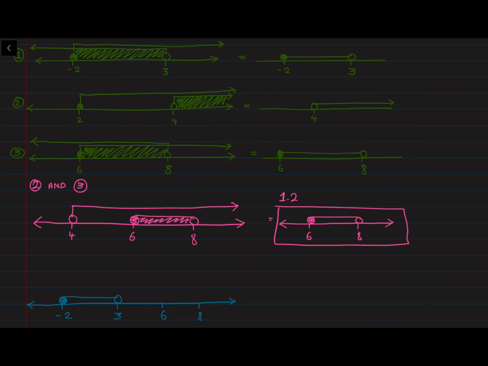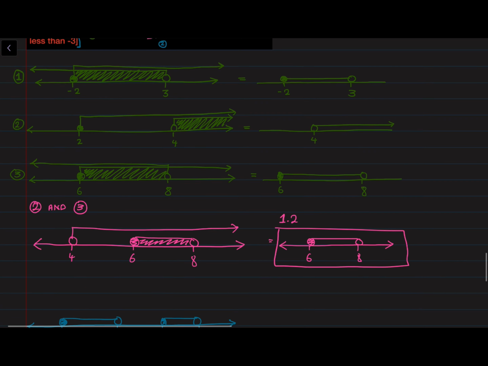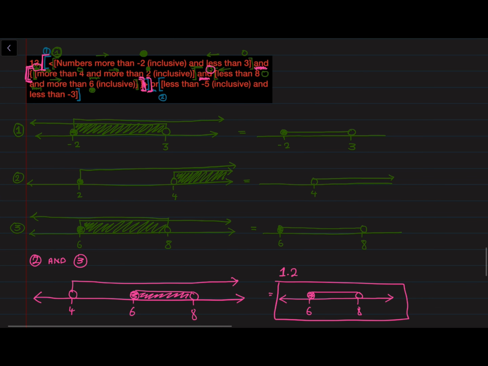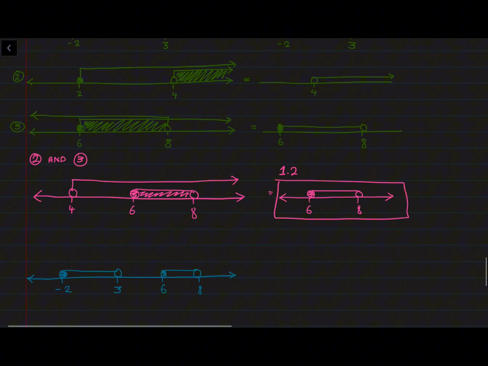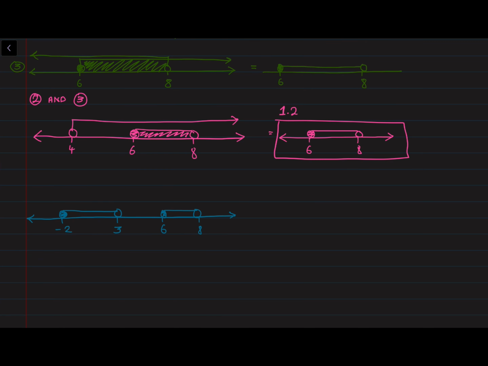And then numbers from 6 to 8. Now, if we go up, we can see that we have an AND operator. So we're looking for an overlap. And as we can see, there's no overlap over here. So overall we have an empty interval, something that looks like this. So part 1 gives us an empty interval.